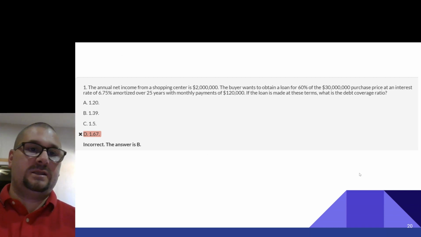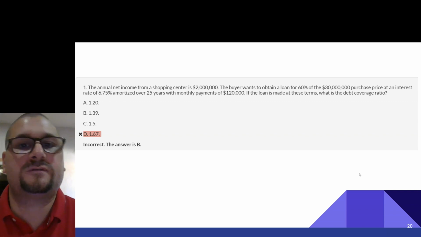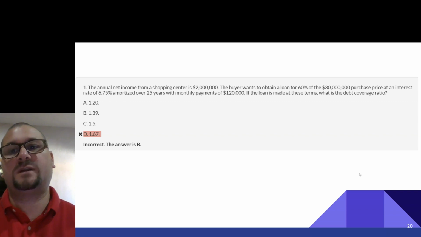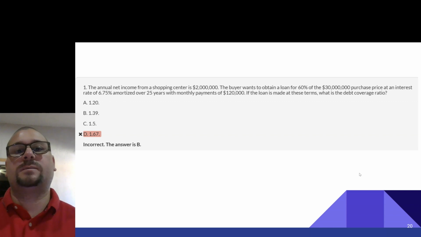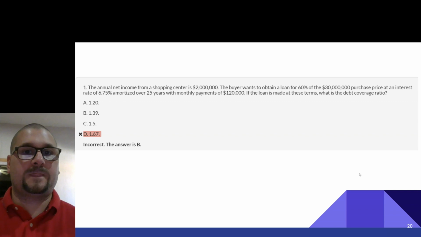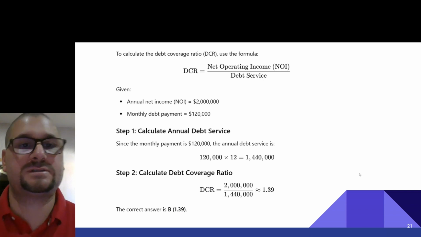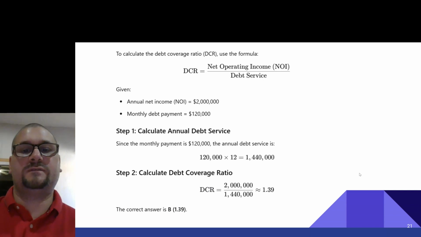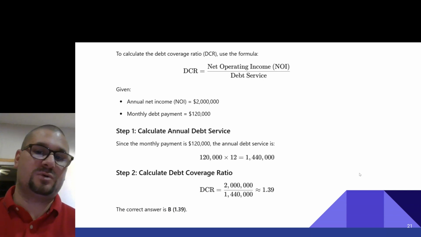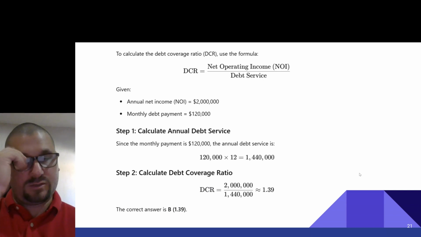It's the net income divided by the yearly service, right? So take 2 million divided by the yearly service, which is the payments of 120,000 multiplied by 12. So the debt coverage ratio is net operating income divided by the debt service: 2 million divided by 120,000 times 12, which is 1.44 million, giving 1.39.